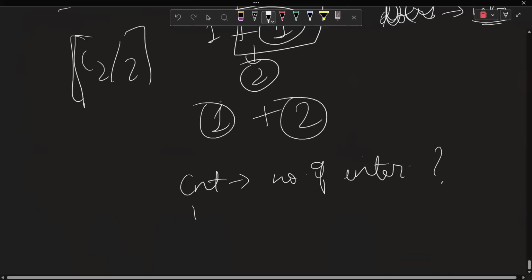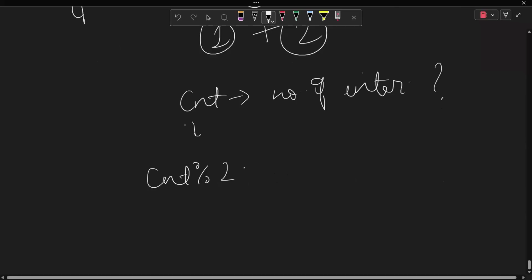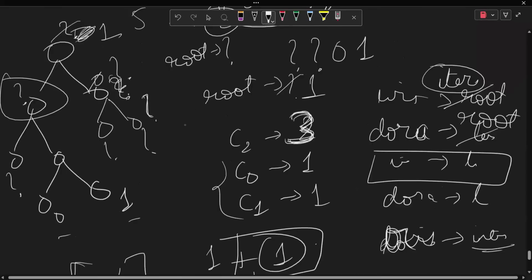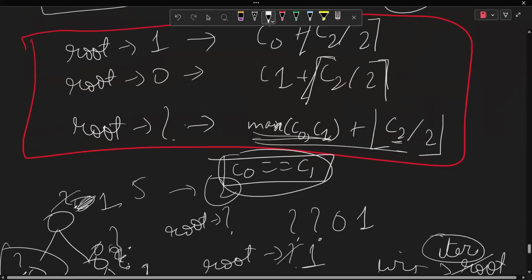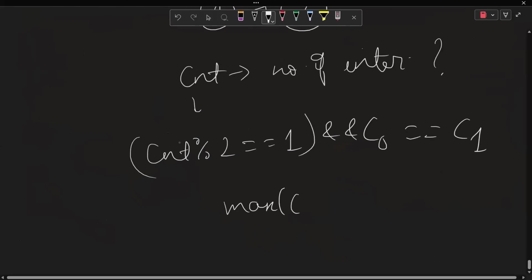Okay. So if this thing is odd and C0 is equal to C1, this is the only small edge case where your answer would not be this, but your answer would be max of C0, C1, or both of them are equal, you can write any one of them, plus ceil of C2 by 2 instead of floor.